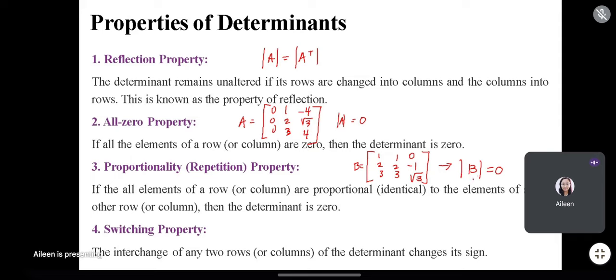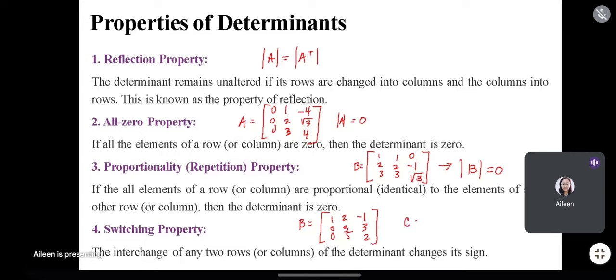Next, switching property. Let's say you have 1, 0, 0, 2, 3, 5, negative 1, 3, 2. And then nag-interchange tayo ng row and column.